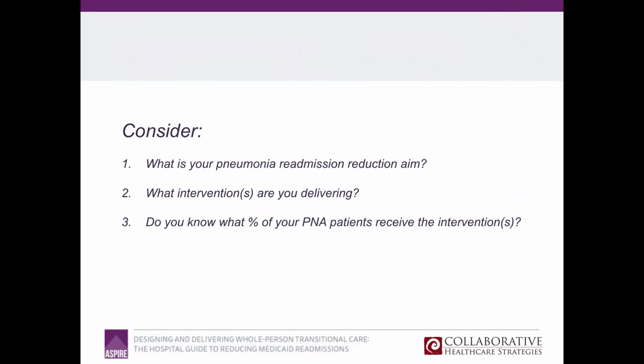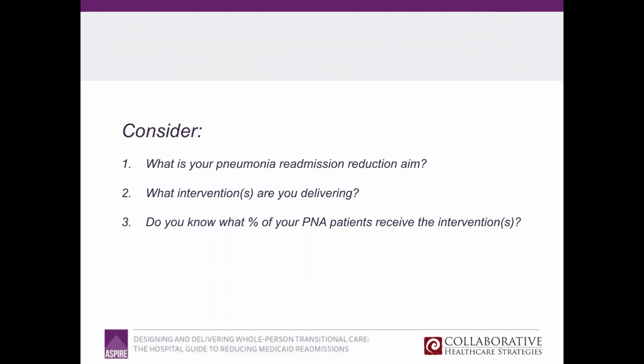Okay, great. So what I'd like you to do now is join me on the chat and think about three questions. So hopefully by now, you are converging and pretty solid on being able to answer question number one, which is, what is your pneumonia readmission reduction aim?